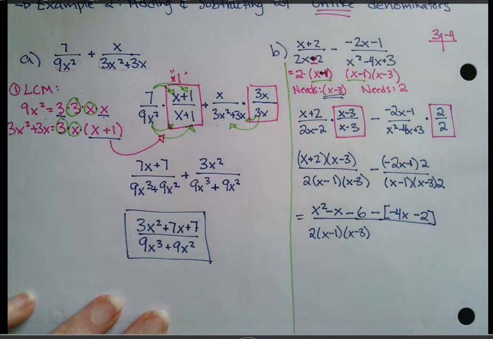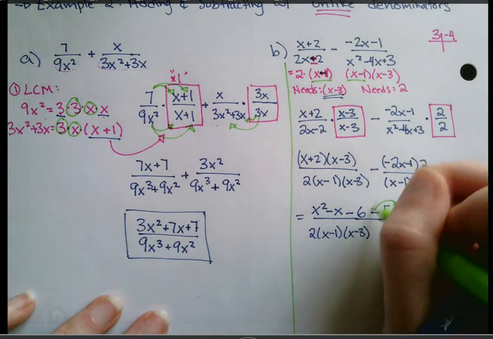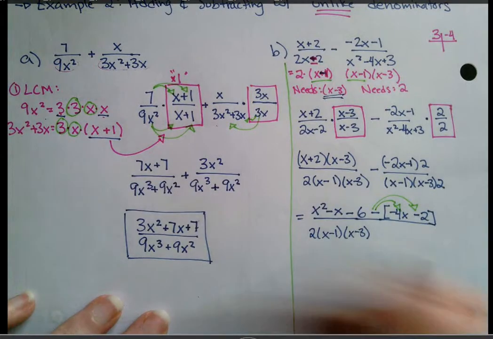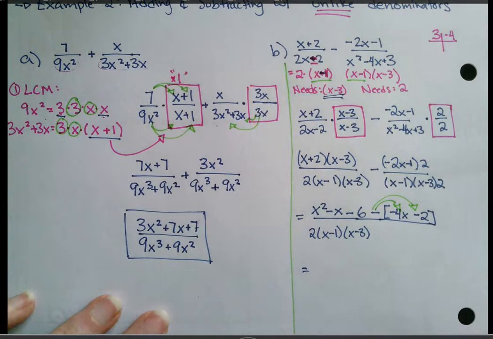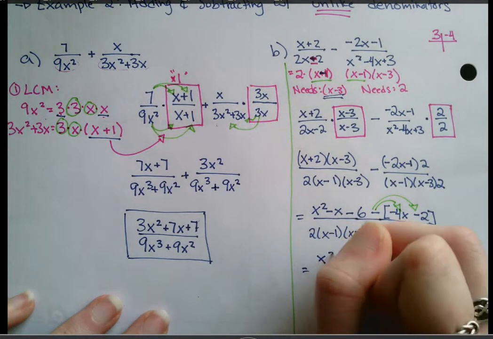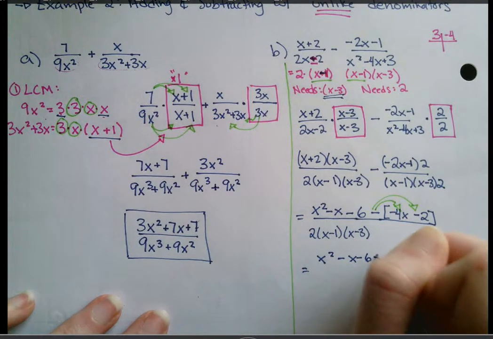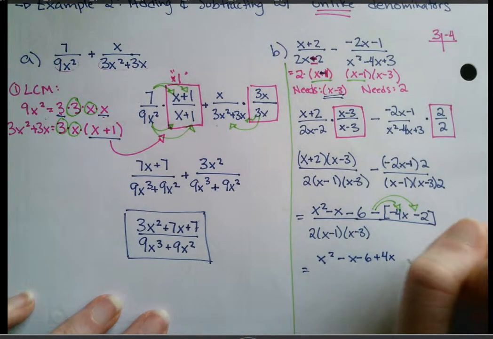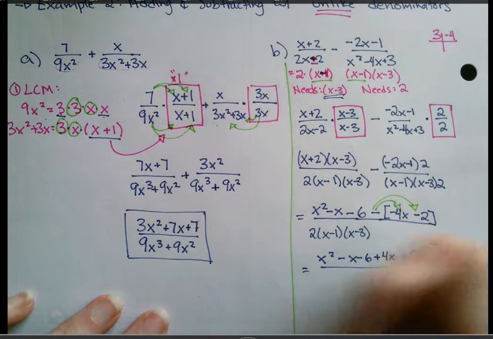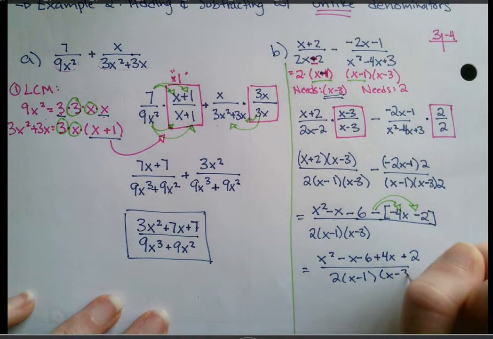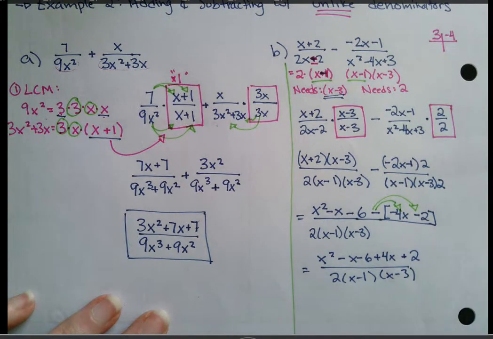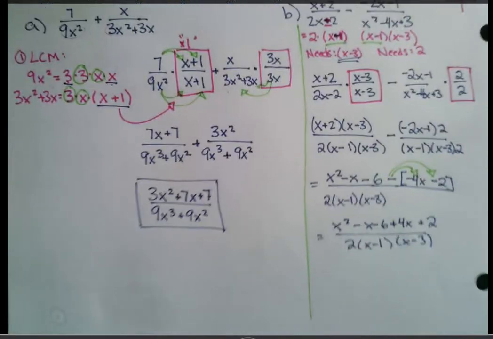So here, this negative is going to distribute to both of these terms. So now, I actually have an x squared minus x minus 6 plus 4x plus 2. Final thing, combine your terms, and we see if we can factor this again and cancel anything out.